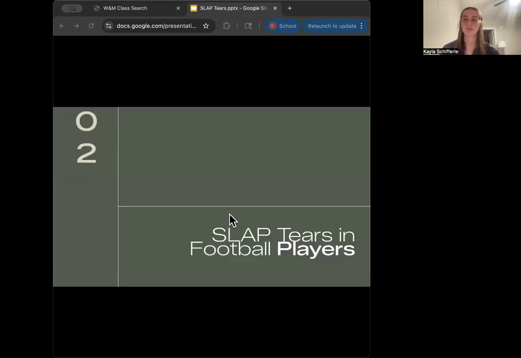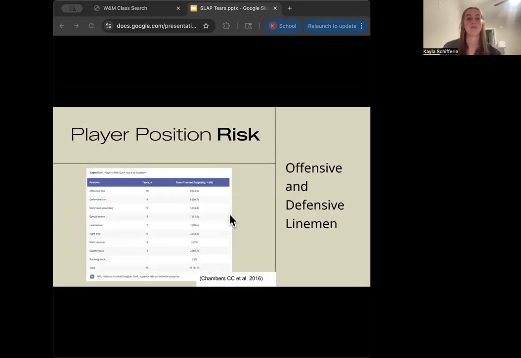Now, since my internship was with the William and Mary football team, I wanted to focus in specifically on SLAP tears in football players. One thing that I found was that position can influence the risk of developing a SLAP tear. Linemen, offensive and defensive, who are often in sustained periods of arm extension at the shoulder, have a higher risk of developing a SLAP tear.